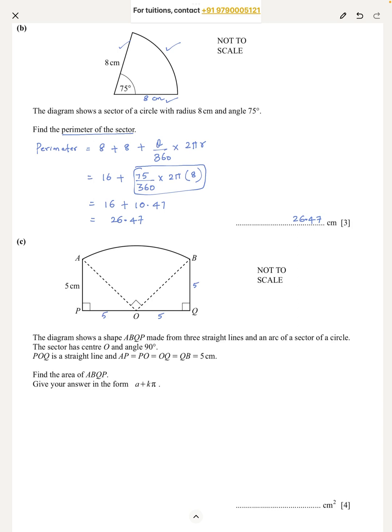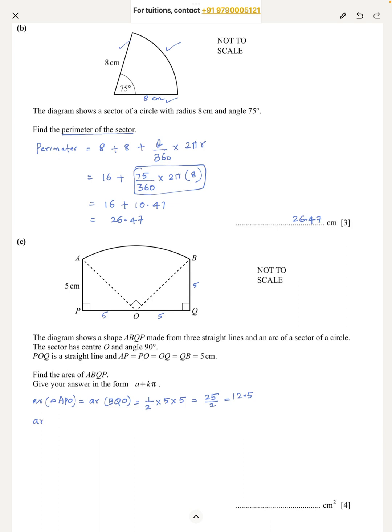So in this shape, we have two triangles APO and BQO, and then one sector AOB. Area of triangle APO and area of triangle BQO both have to be equal because they have the same dimensions, which is half into base into height, which is nothing but 25 by 2, that is 12.5.